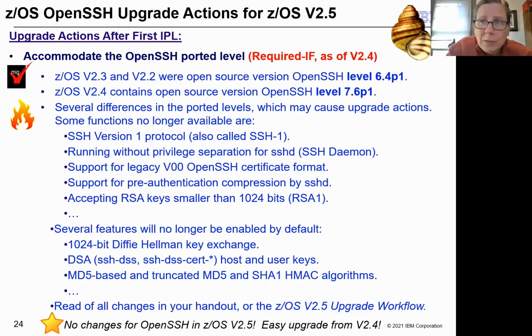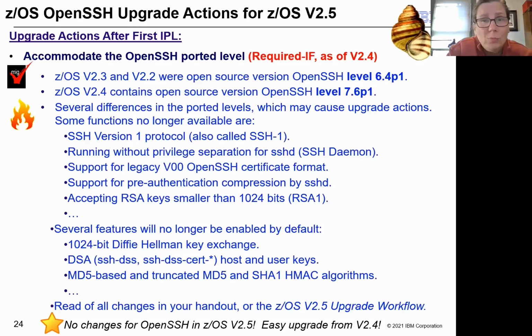This has been probably for some customers the hardest thing to get through in zOS 2.4. For other customers, they didn't have a problem at all. So I just wanted to say, don't underestimate this. If you're an OpenSSH user, use the health check and identify early any situation you might have that's changed.